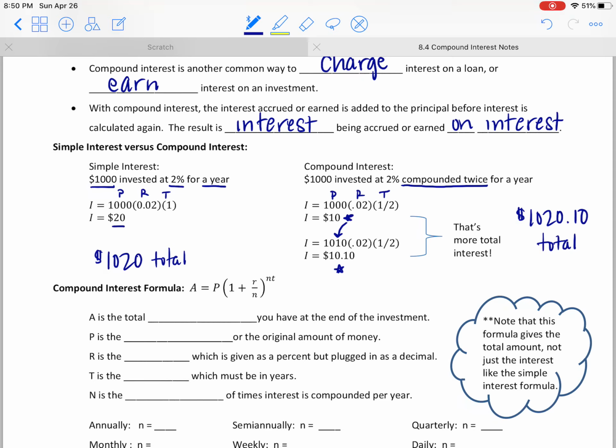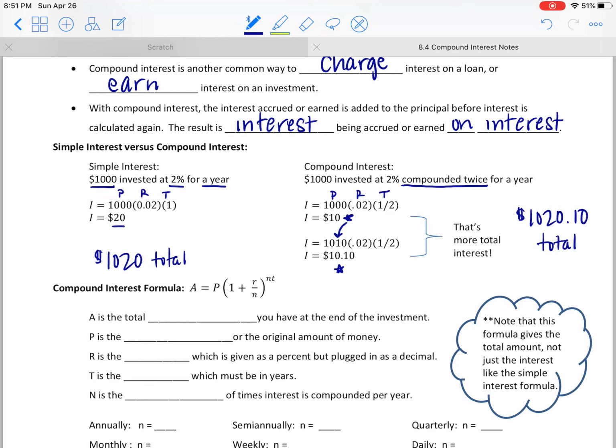But if you were to take this investment and spread it out over 15 years, and instead of compounding twice a year, maybe you compounded it every single day, you're going to earn more and more interest on your interest. So compound interest could be beneficial. It depends on who you are, right? If you're borrowing money, you don't necessarily want compound interest because you don't want your fee to be accumulating on interest and the principal amount that you borrowed.